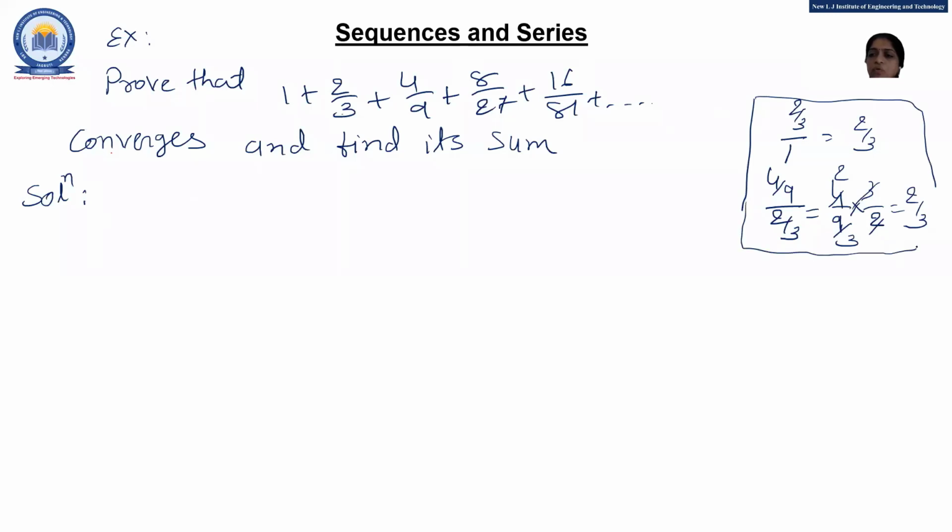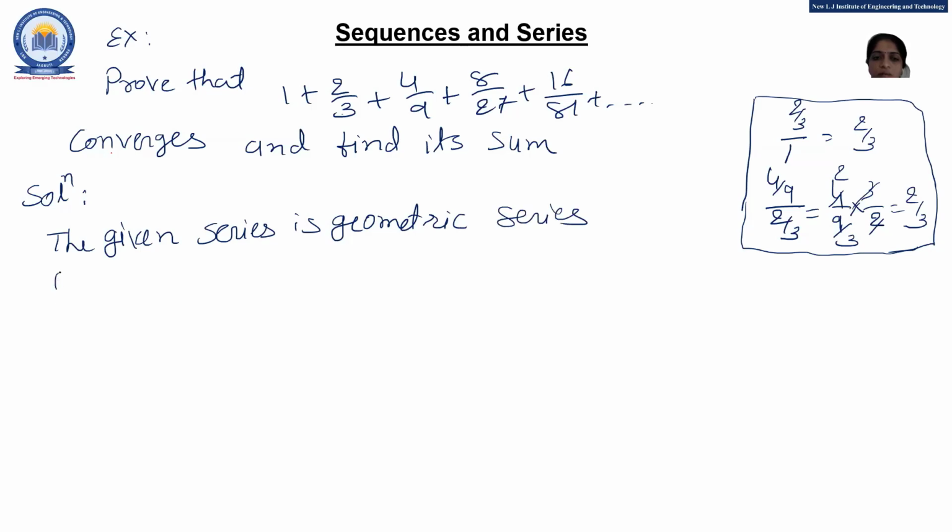Okay, no need to write all this in your fair work. You have to directly write in the solution that the given series is a geometric series with a, the first term.